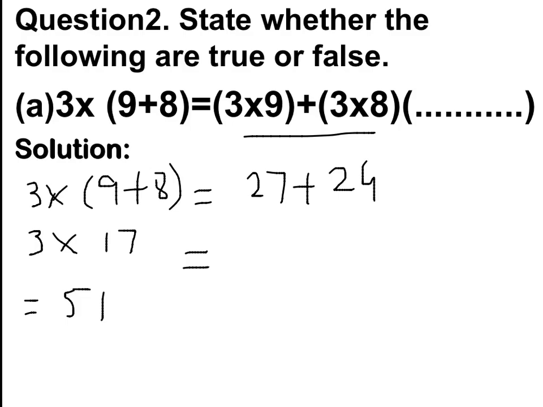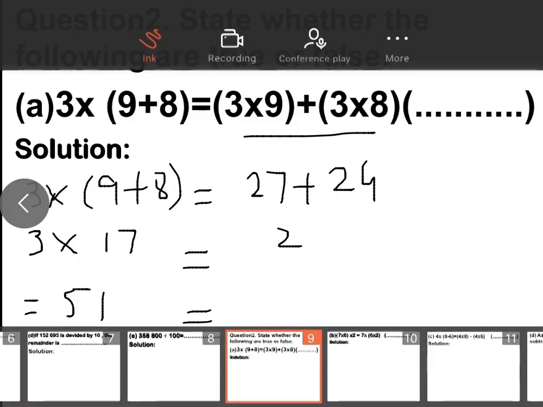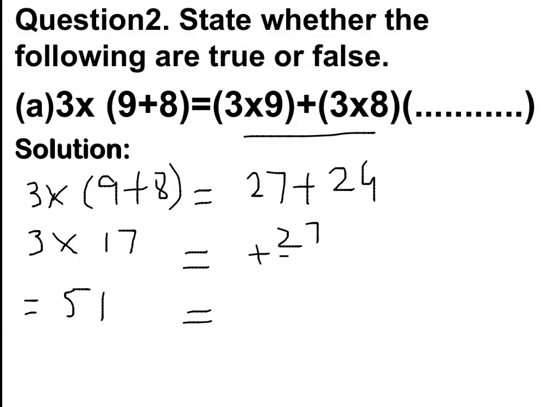Now we will add: 27 plus 24. 7 plus 4 is equal to 11. Take carry. 2 plus 1 is 3. 3 plus 2 is equal to 5. So the answer is 51. Now the statement is true because the right side is equal to the left side. 51 and 51. So the statement is true.